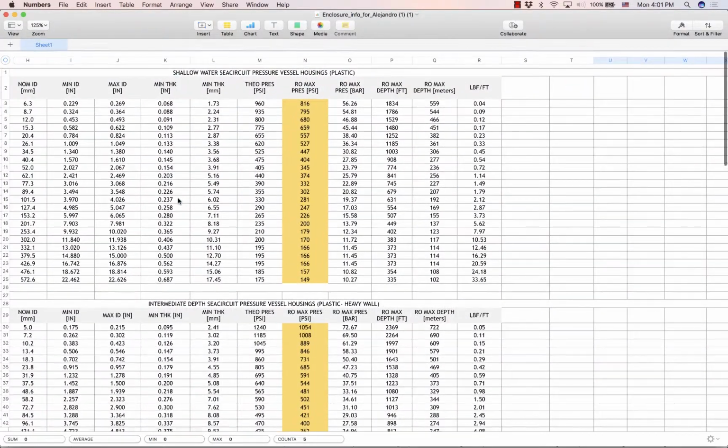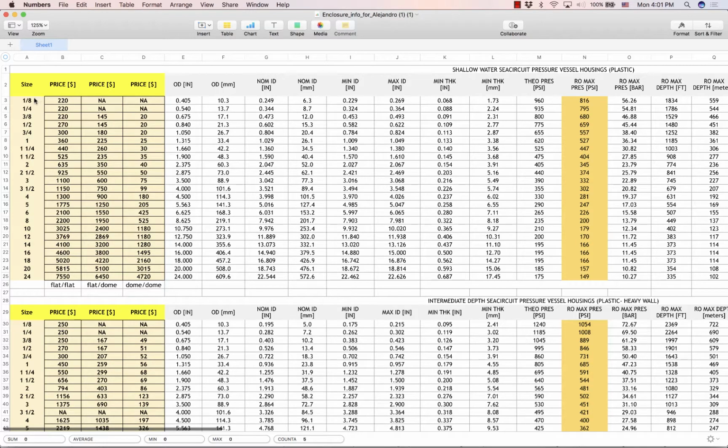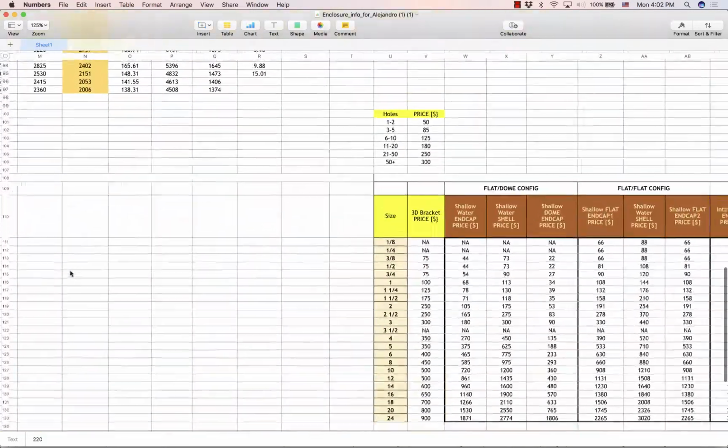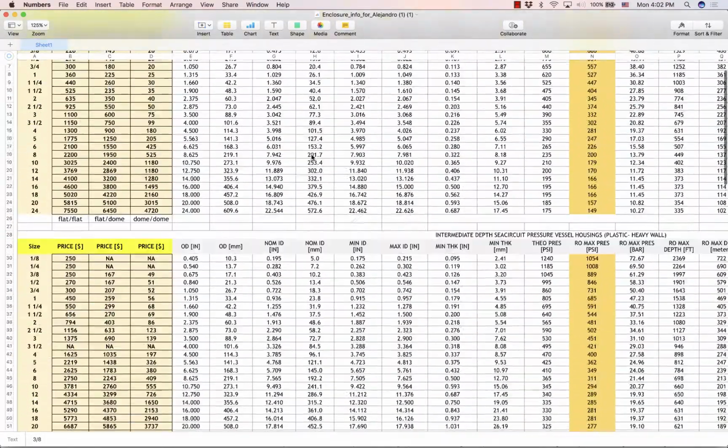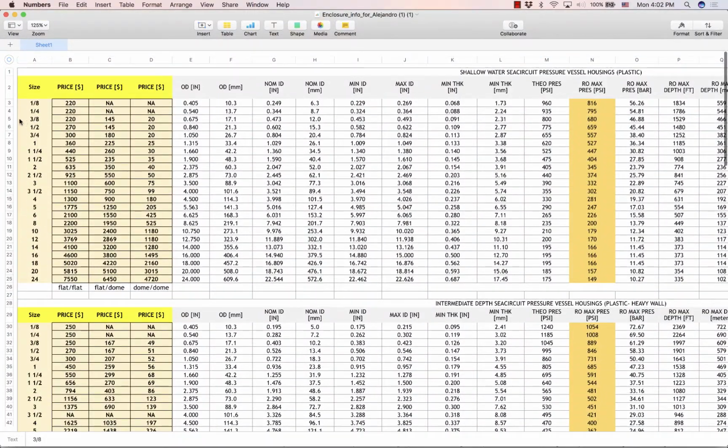Not applicable for flat and dome, not applicable for dome and dome, means they don't make it. They only make it on flat and flat. End cap 1 flat, end cap 2 flat. So let's go back there again. Shallow water for flat and dome on 1/8, they don't make it. On 1/4, they don't make it. On 3/8, they do make it. Here it is. These are the prices: 220, 145, and 20.